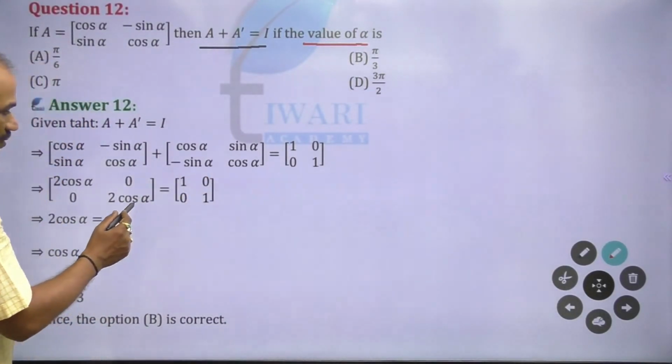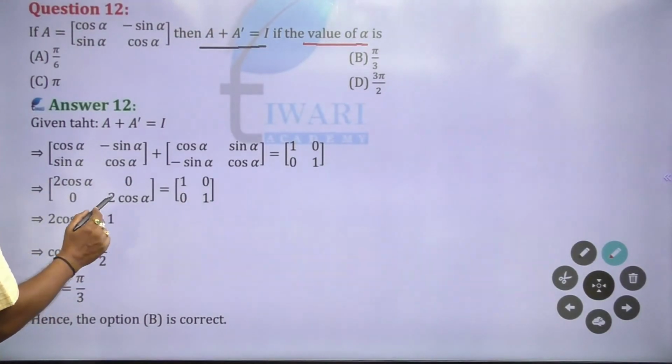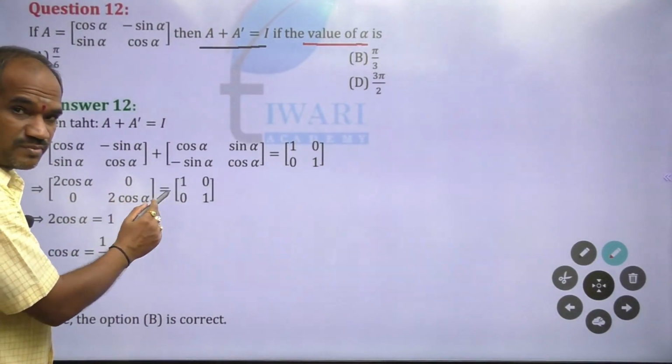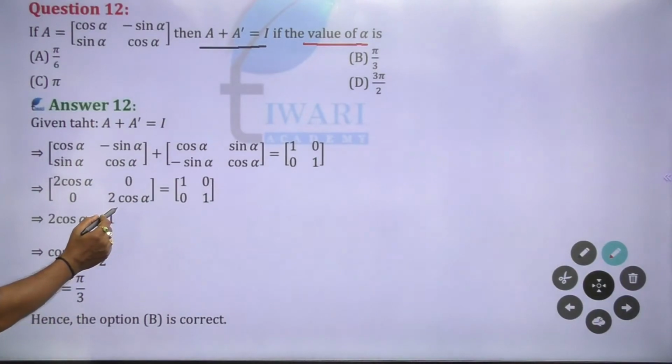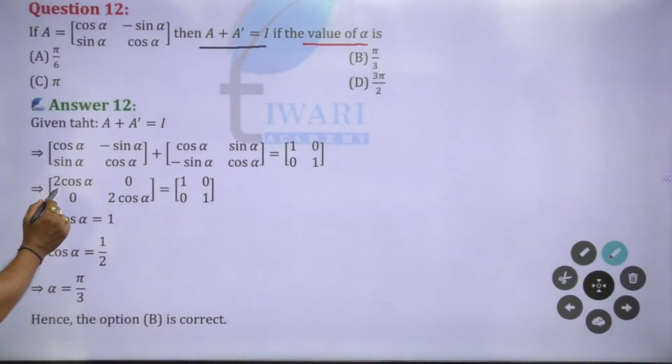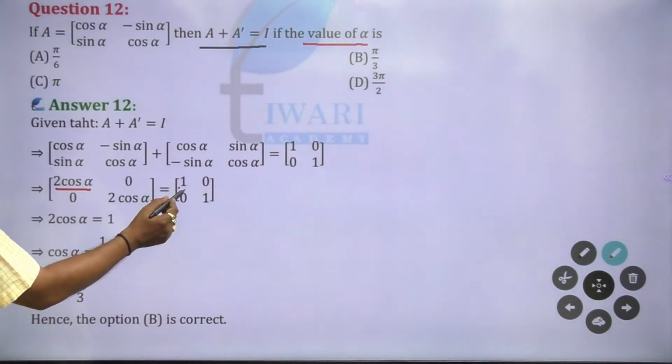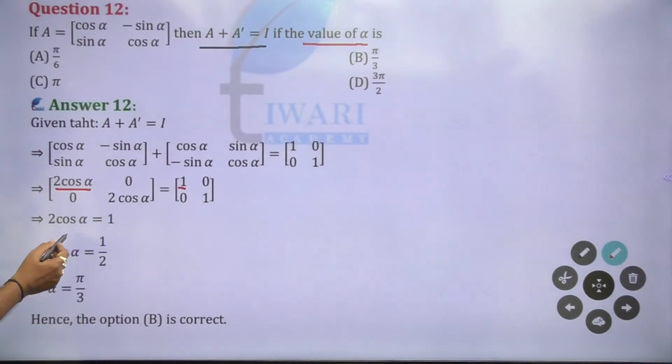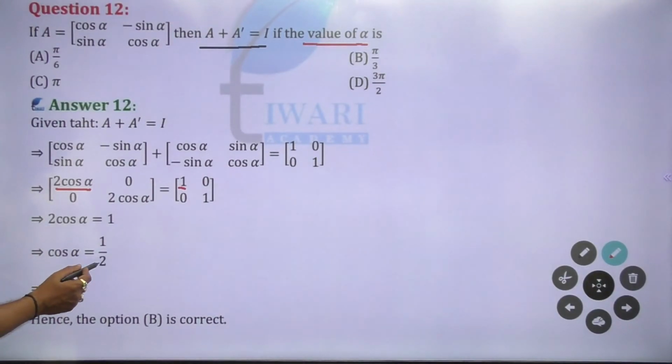This is equal to the identity matrix. Equating the corresponding elements, 2 cos alpha is equal to 1, so cos alpha is equal to 1/2.